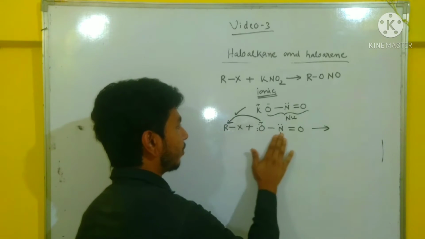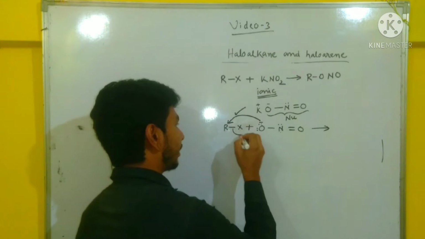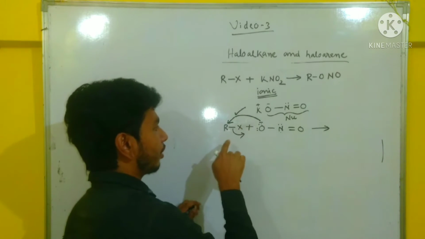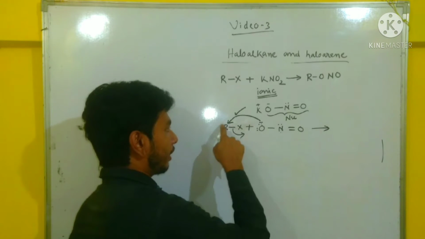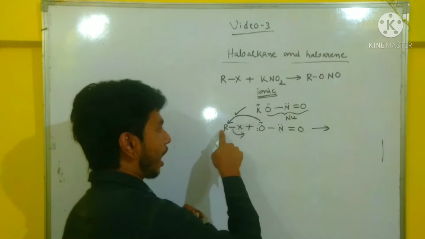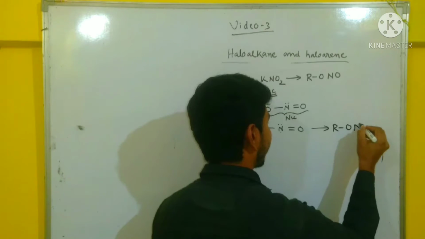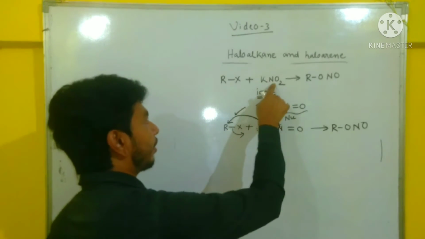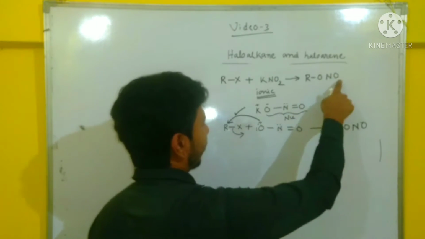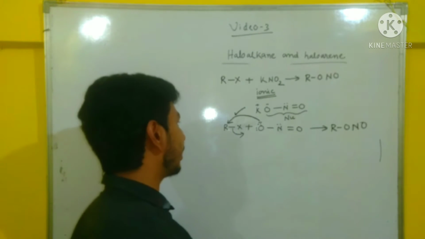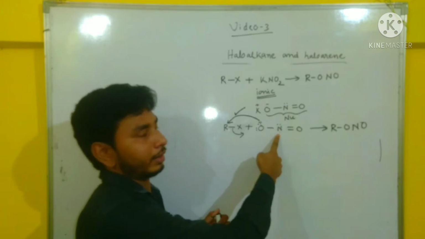And as a result, what is the product? Oxygen will donate the electron pair and the halide will be removed. So now the alkyl group is bonded with oxygen, that is RONO. So when KNO2 reacts with alkyl halide, we get RONO, because here oxygen will donate the electron, not nitrogen.